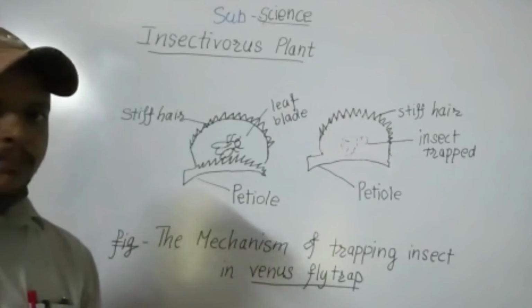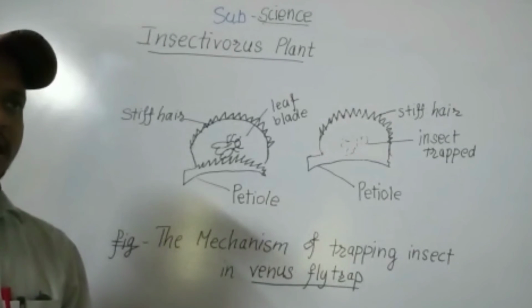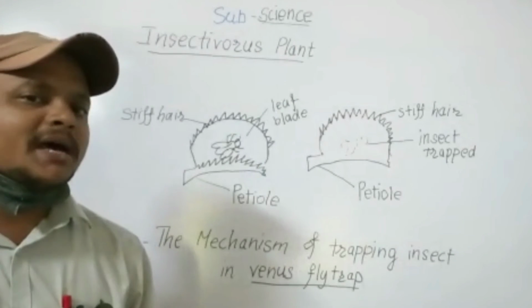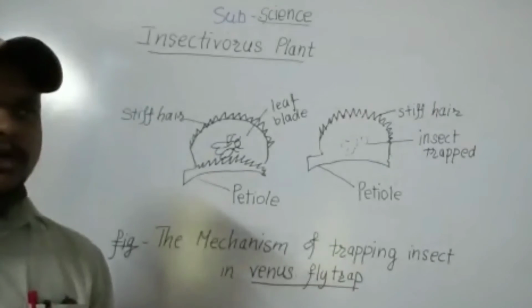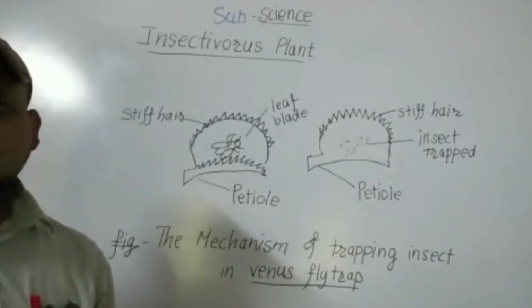You already know parasitic. A parasite is just like a mosquito, which sits on our skin and sucks blood from our body.